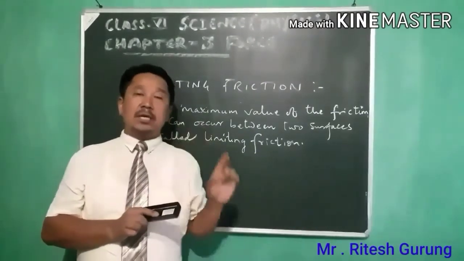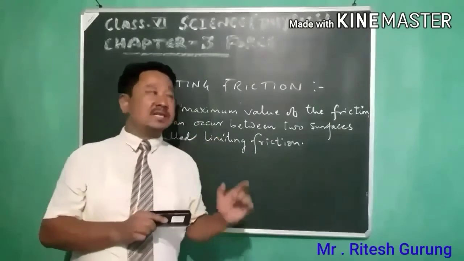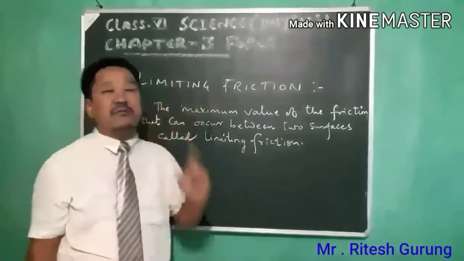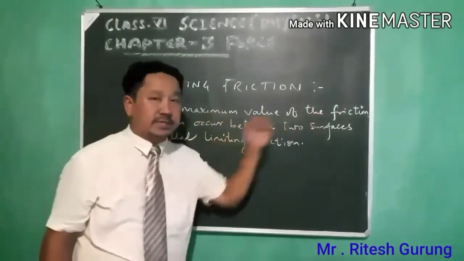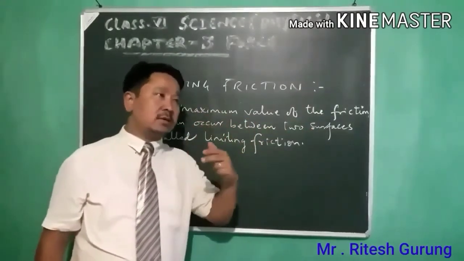That limit of the friction is called limiting friction, which means the maximum value of the friction, how far it can go.